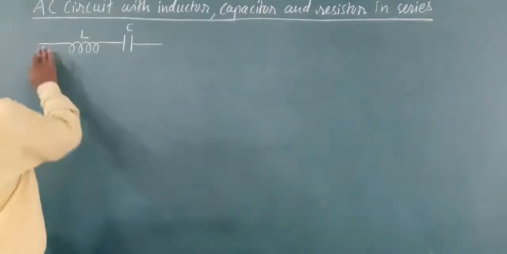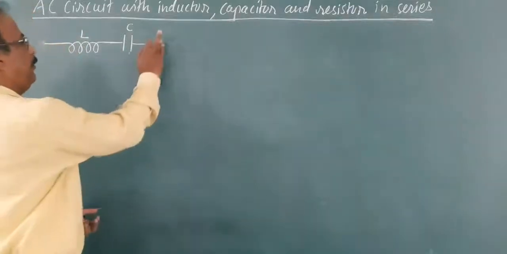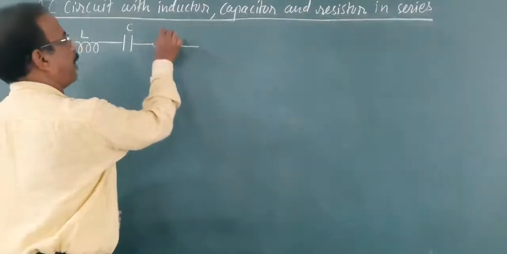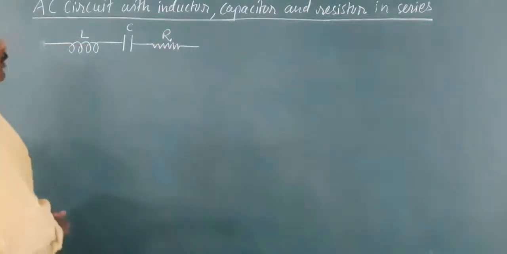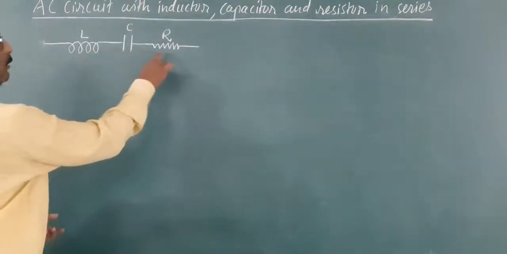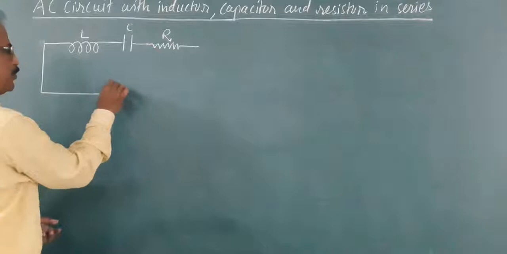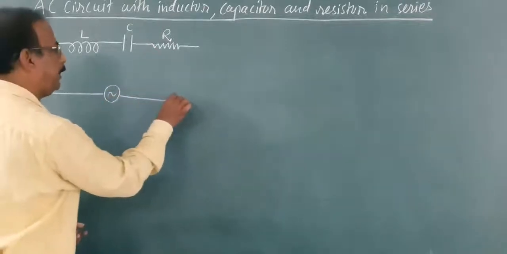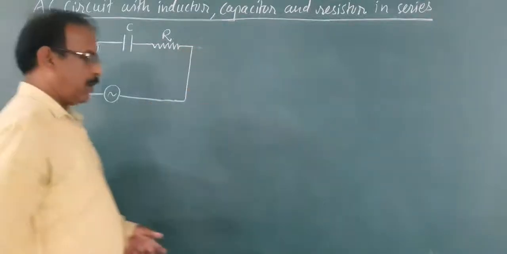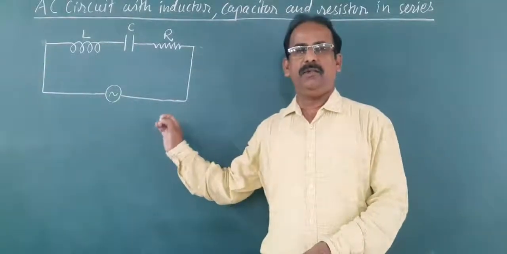This is capacitor of capacity C. Then resistor is also there in series of resistance R. We have taken three components in series: inductor, capacitor, resistor. And across these three components, source of alternating EMF is connected. This is series LCR circuit.